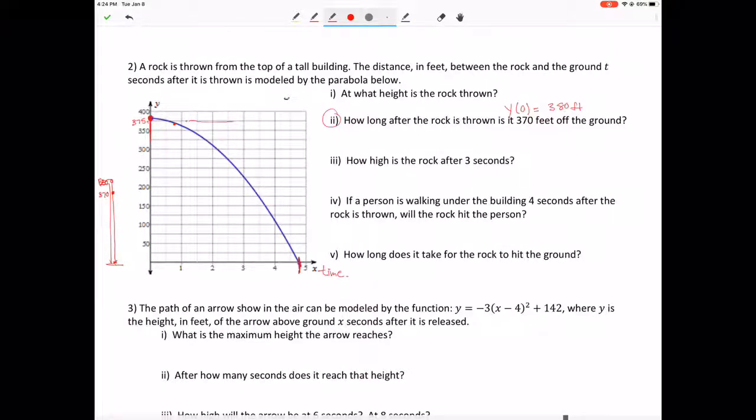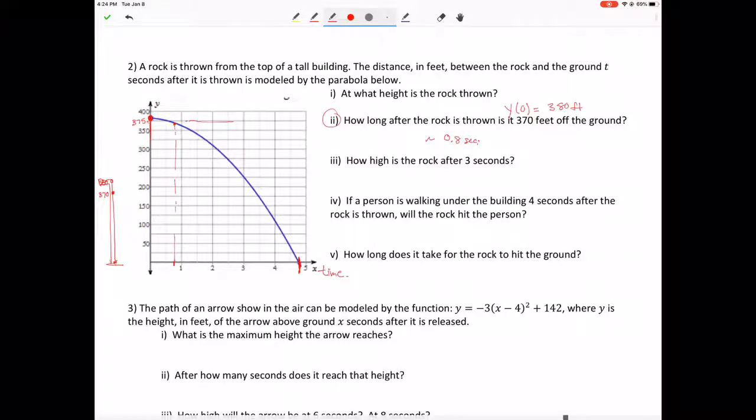So we could drop a line all the way to the bottom, and we can estimate about here is the time where it hits. So let's say that is approximately 0.8 seconds. Okay, so it takes less than a second for it to drop from 380 to 370.